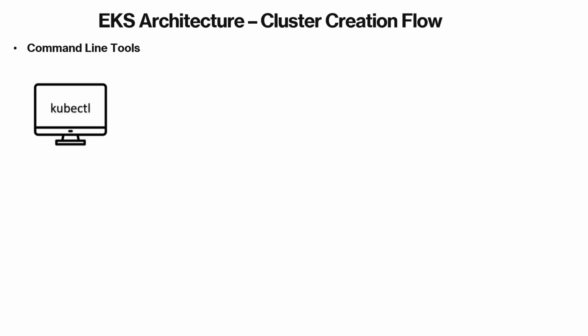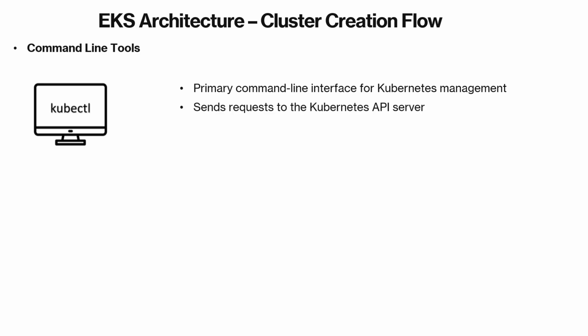Now, to interact with the EKS cluster, we have two key components: the command line tools. We start by installing kubectl, the standard Kubernetes CLI. This tool allows us to run commands like checking pod status or deploying applications by sending requests to the API server.